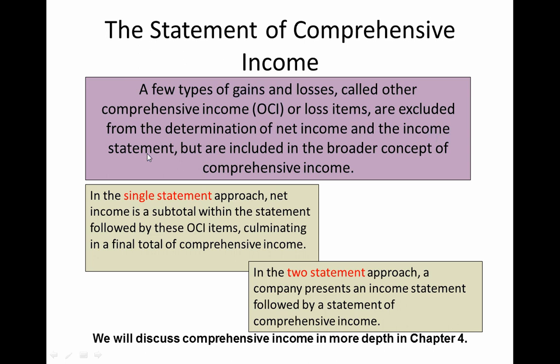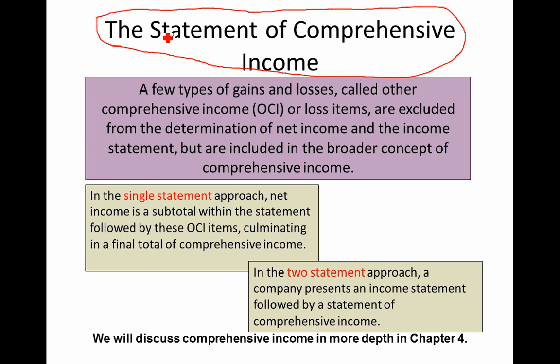As GAAP has changed over the years, a new category has been added, which is comprehensive income. This is becoming more and more critical as we move to what is called fair value accounting.